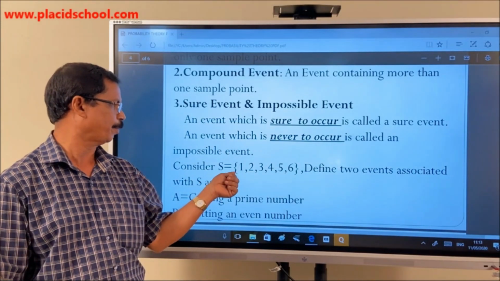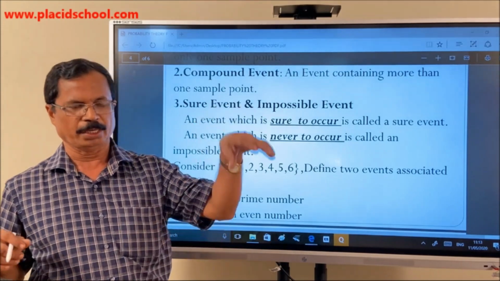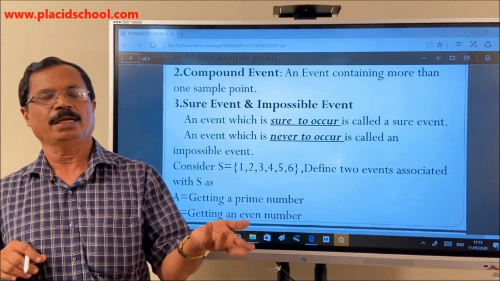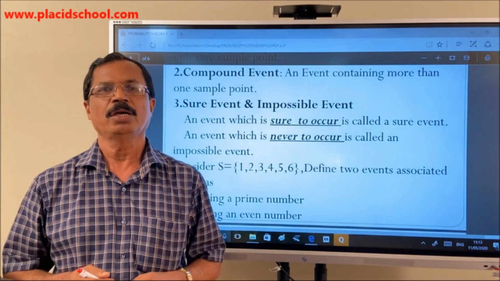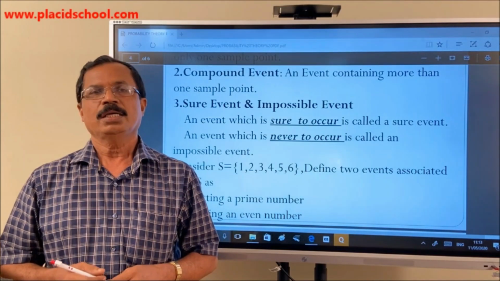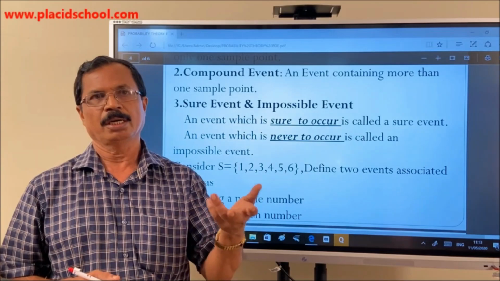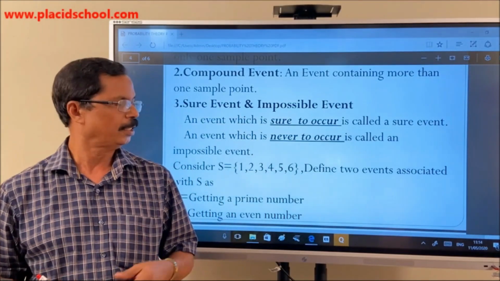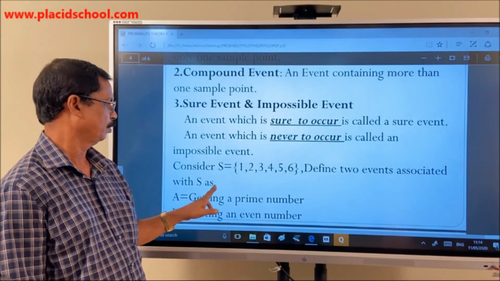Then we know the sample space is {1, 2, 3, 4, 5, 6}. Suppose a person is throwing a die and he is expecting a number greater than 6. We cannot get such a number, so we say it is an impossible event. And similarly, suppose a person throwing a die expects a number less than or equal to 6. Then it is always possible, so we call it a sure event.